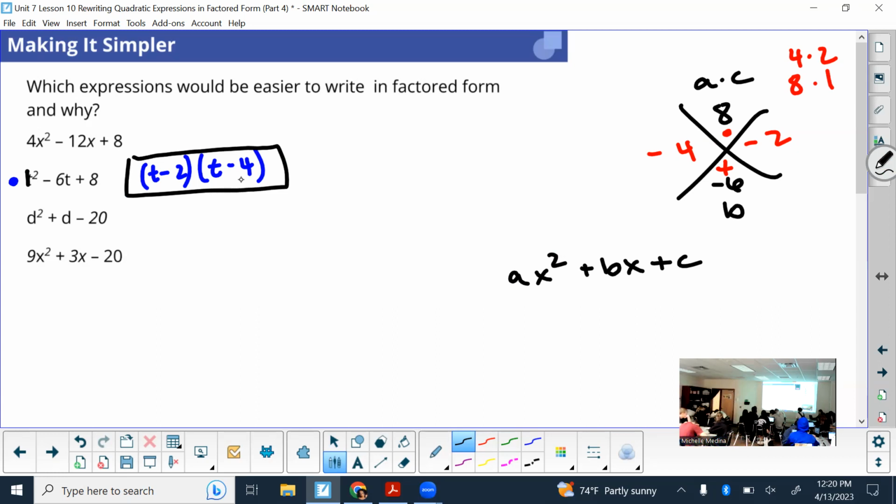Table 4, what's another one that you think would be easy to factor? Marco said that. So table 4. Out of my 3 remaining, which one do you think would be easier to factor?